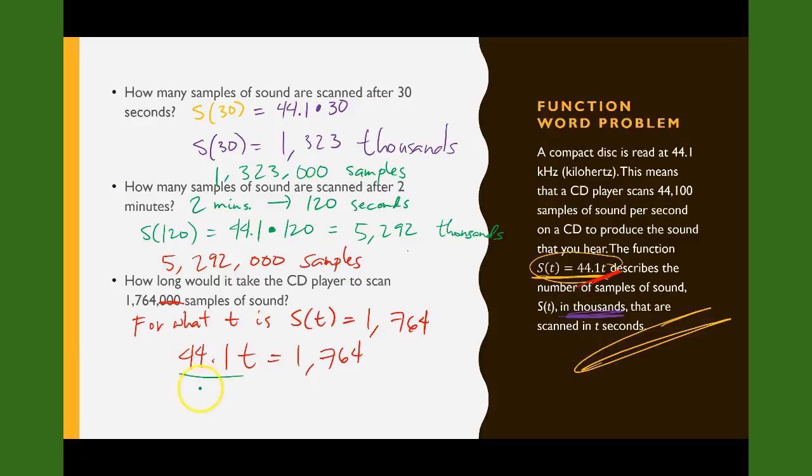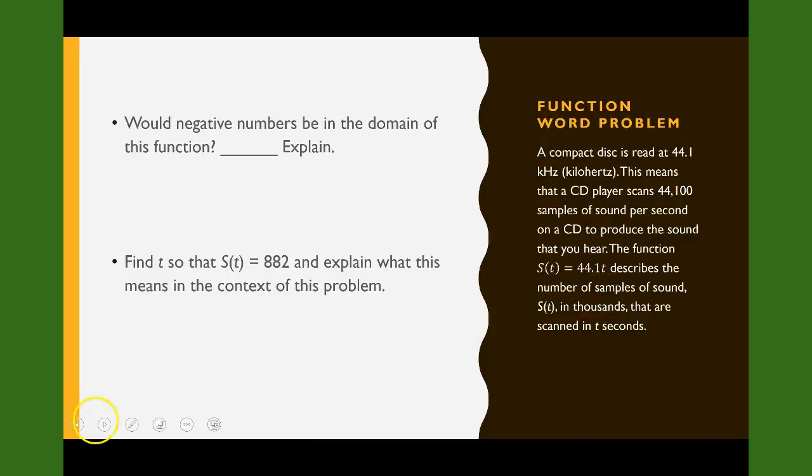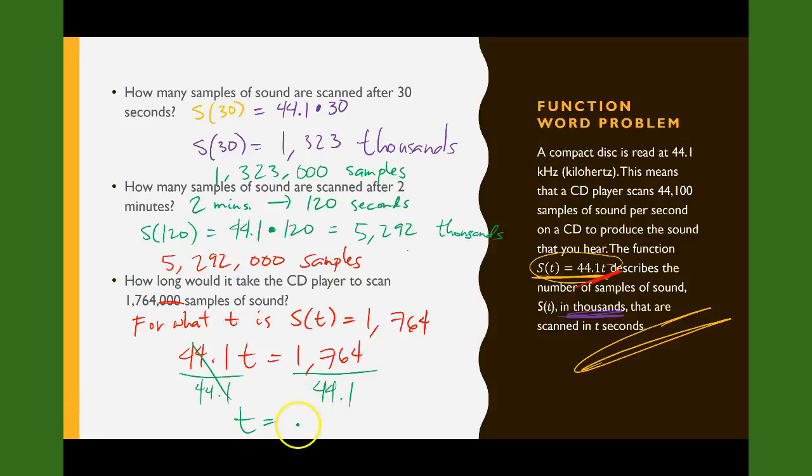And if we do that, we find out that t is equal to 40 seconds. That means it takes the CD player 40 seconds to scan 1,764,000 samples of sound.